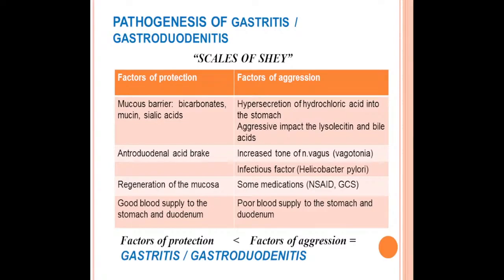I repeat, 90 and more, 95% of gastritis and ulcer patients are Helicobacter pylori positive. How may a child be infected with this bacteria? It may be incorrect hygiene in the family, for example, a common table, common spoon, common glasses, common cup.